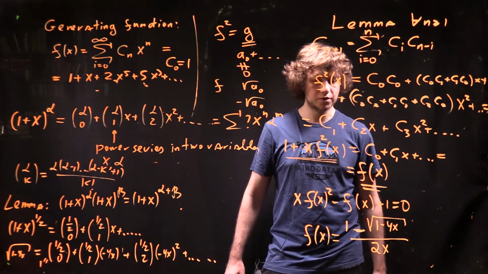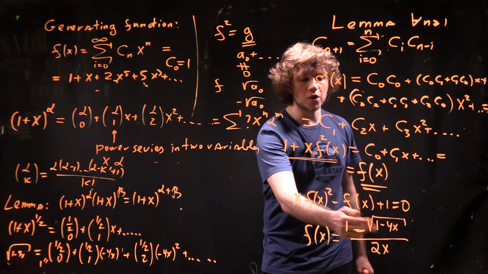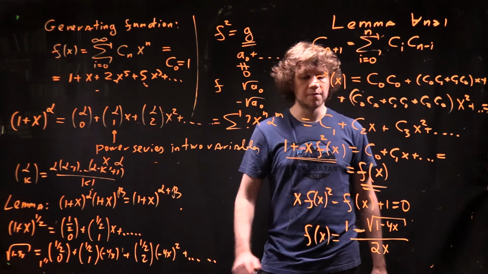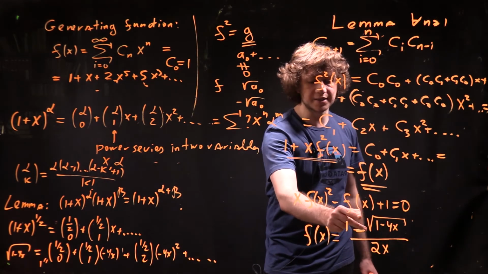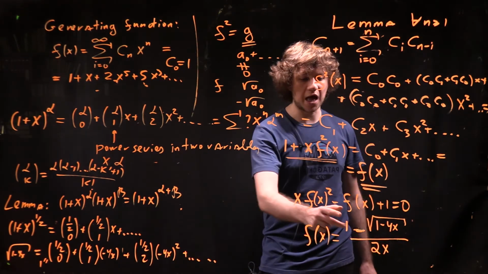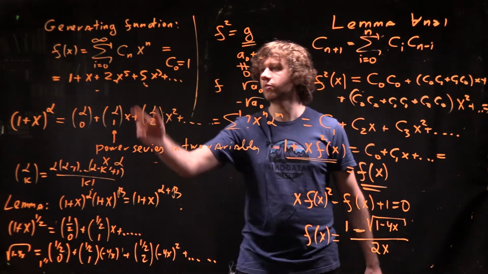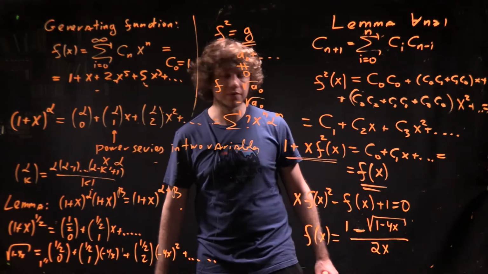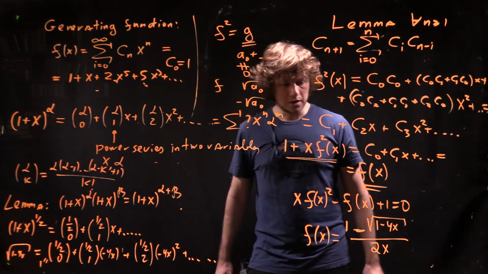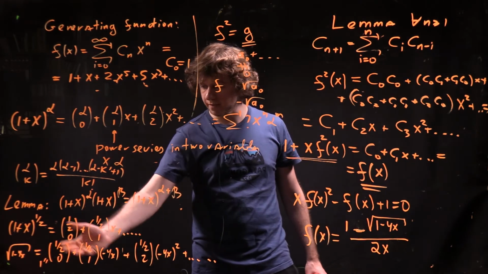So there are two square roots, and they both satisfy this equation, but if I take plus instead of minus, then it will start with 1 over x, which is not allowed. So I know that my power series should start with 1, and so I need to take minus here. Okay, and the next question is, of course, to compute what the sum is.